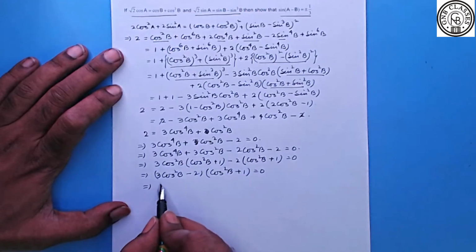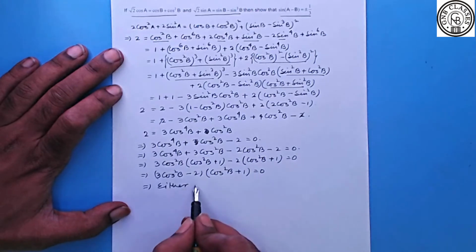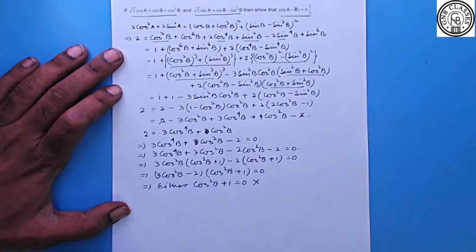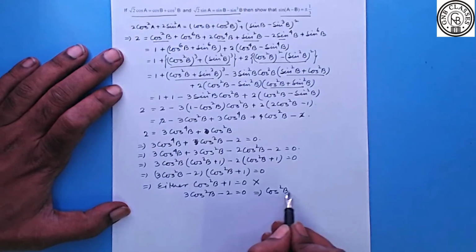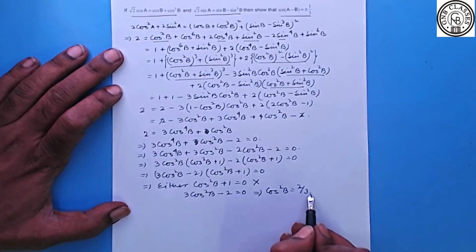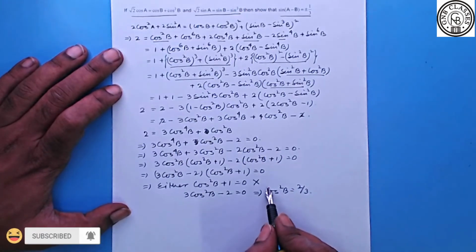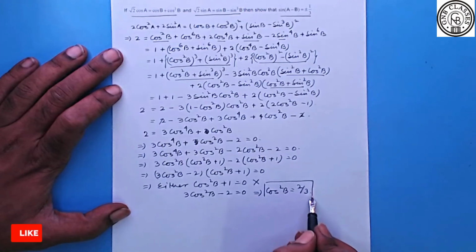So that implies either cos square B plus 1 equals 0, which is impossible. Therefore, 3 cos square B minus 2 equals 0 implies cos square B is 2 by 3. Is it clear to all of you? Okay. So we have cos square B is nothing but 2 by 3.